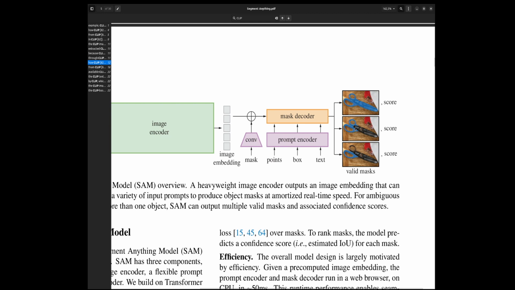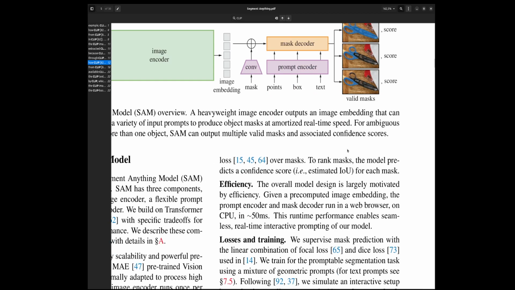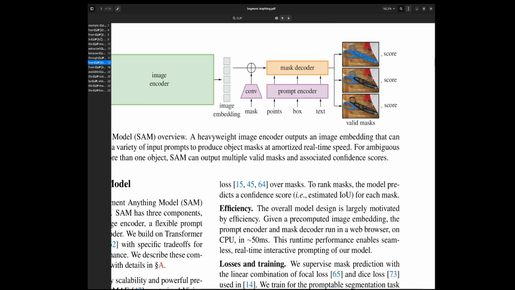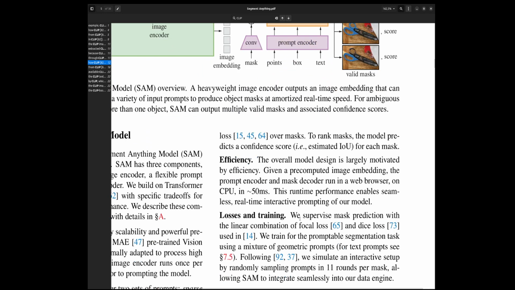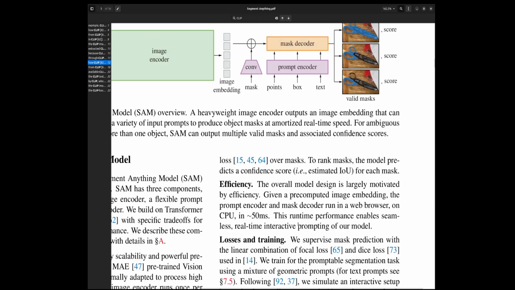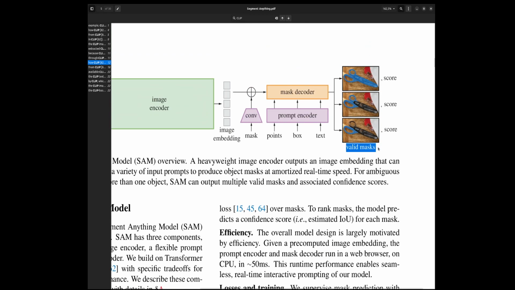How do you train the submask? This is the result, yes. So all of them are valid masks. But you need to teach the model how to do this.